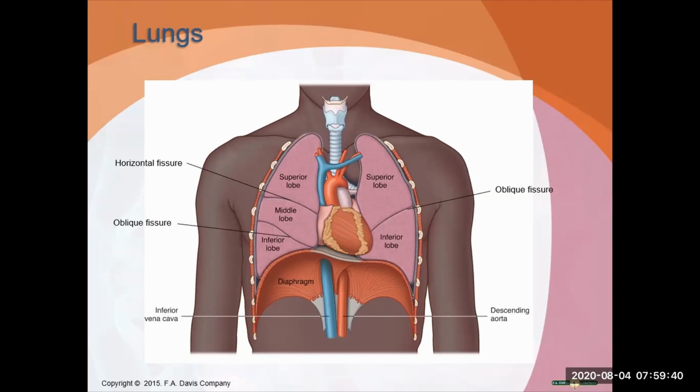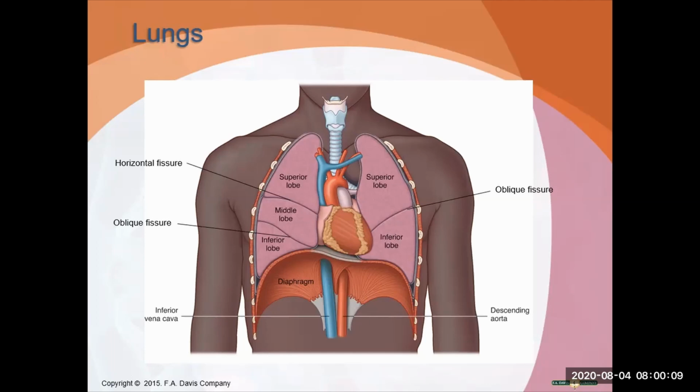The top or apex of each lung extends about 1/2 inch above each clavicle. Left lung. Because the heart extends toward the left, the left lung only has 2 lobes, the superior and inferior. It handles 45% of gas exchange and contains 1 fissure, the oblique fissure.